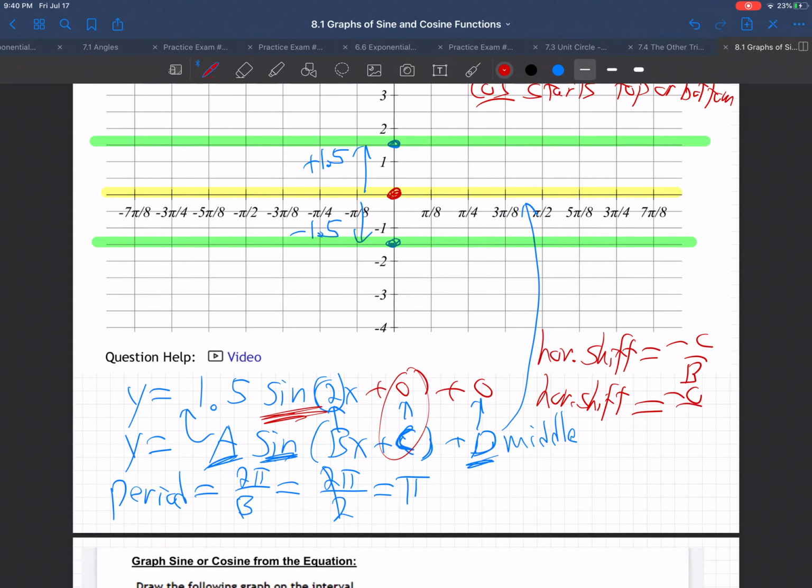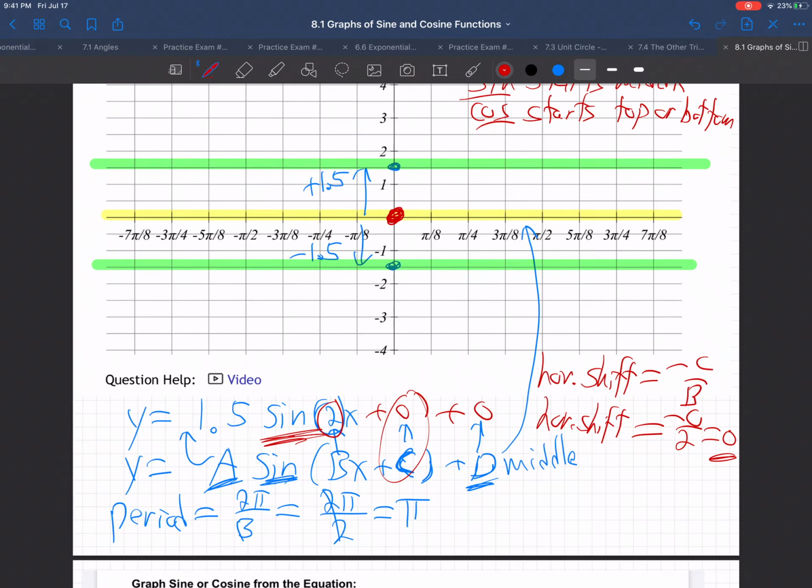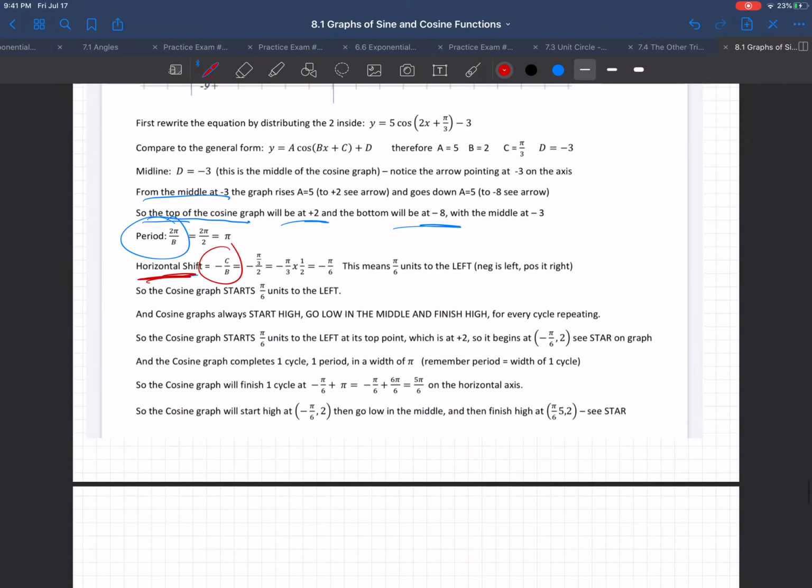So that's negative 0 over b. What's b? B is 2. And so that's just 0. So there's no shift. There's a 0 shift to our graph, so our graph is just going to start right here in the center. That's how I knew that. All right, let's get back to it. Our horizontal shift is 0.